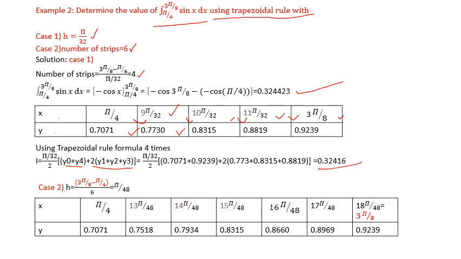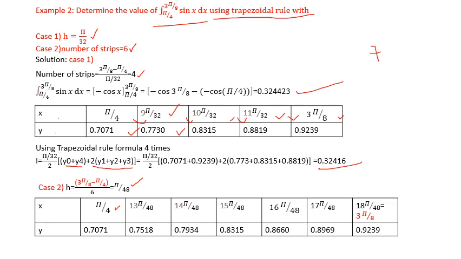Next, when we have to use 6 strips, naturally we need to evaluate the function at 7 points. So that is why pi by 4 and 3 pi by 8. So 3 pi by 8 minus pi by 4 divided by 6 will give you the h value. So that is pi by 48.